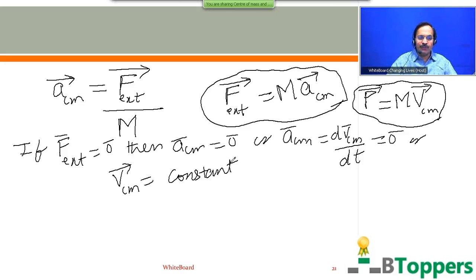That means if the resultant of all the external forces acting on all the particles of the system becomes 0, the velocity of the center of mass remains constant both in magnitude and direction.